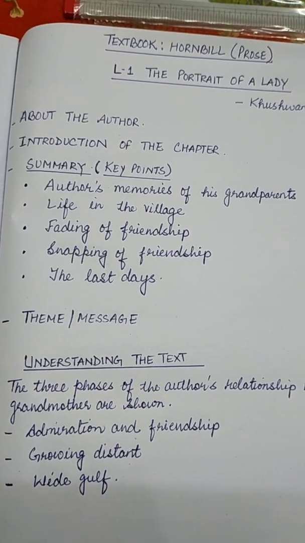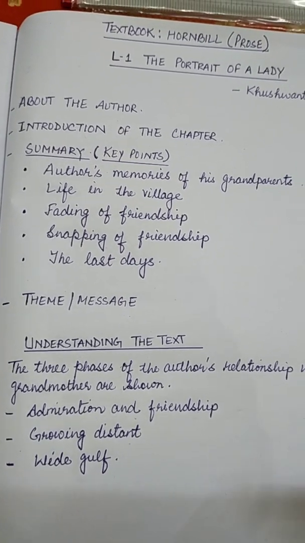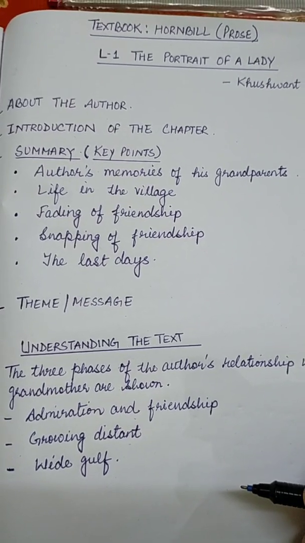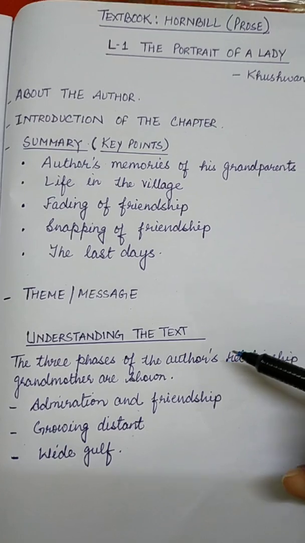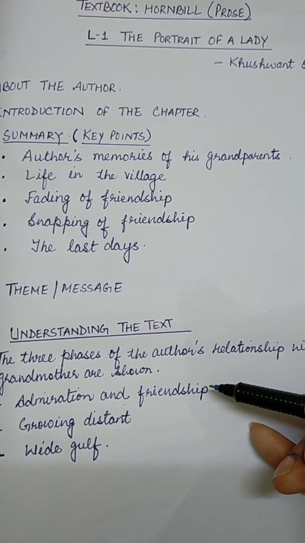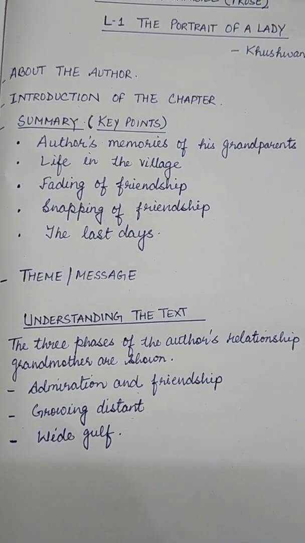Okay, and they were very good friends. She woke him up in the morning and got him ready for school, and she waited for him while he was in school and then walked him back. These are the points that we have found in the chapter, which clearly describe their close bonding and their good friendship.